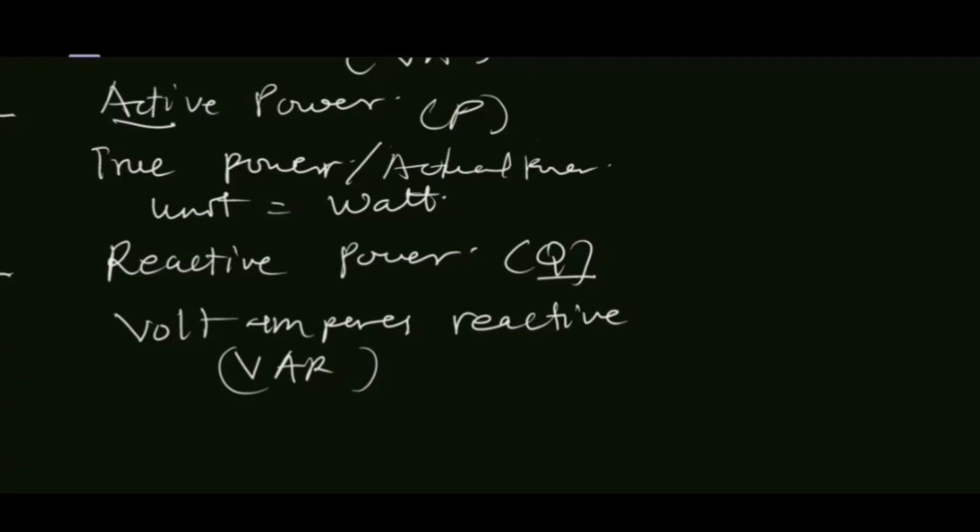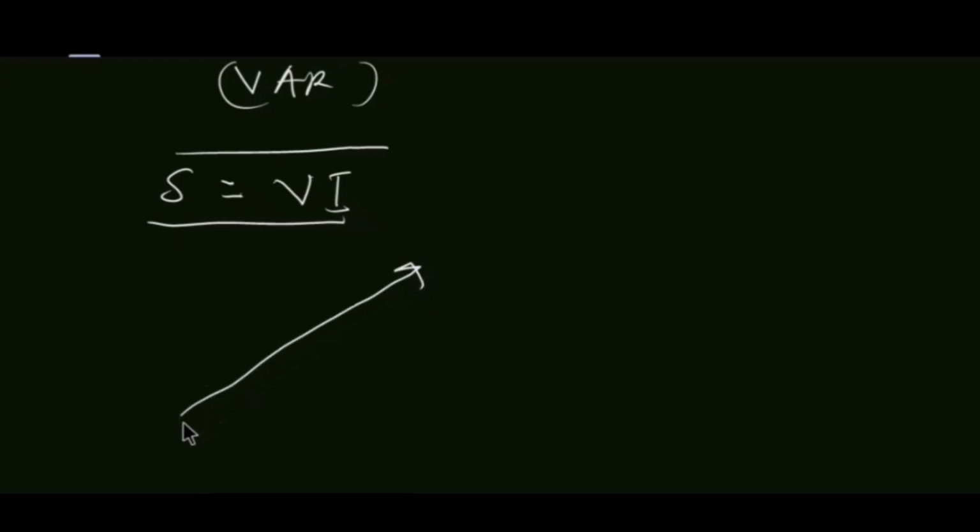Now, let's see some equations relating to these three kinds of power. The total power S is always equal to our total current times the total voltage. I told you that the apparent power is the total power and is equal to the total voltage in a circuit times the total current. This apparent power will have two components.